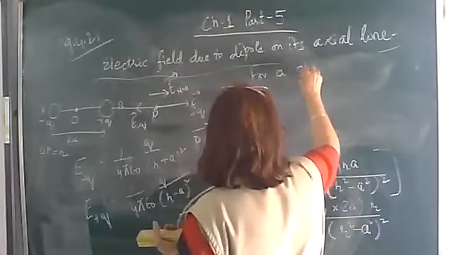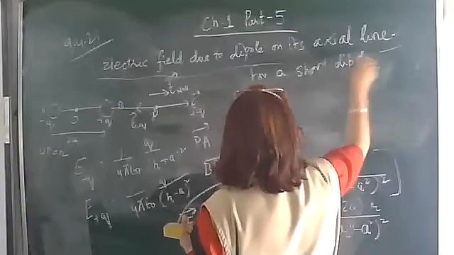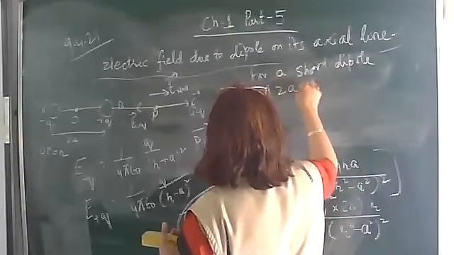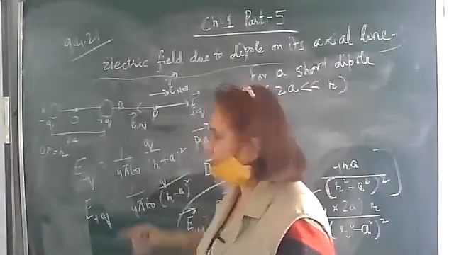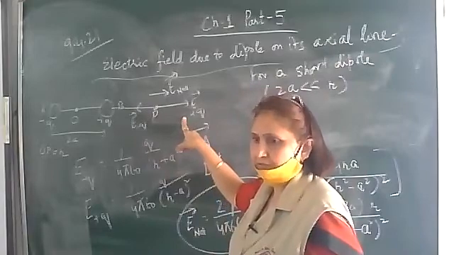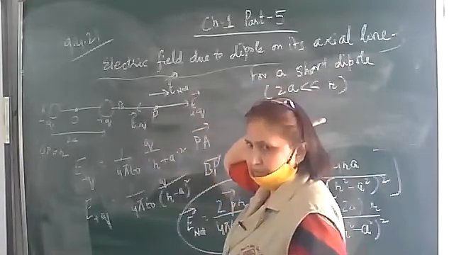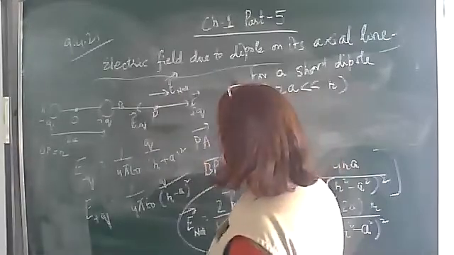For a short dipole, 2a, the dipole length, is much less than r distance. What is r distance? The distance of the point where we are finding out from the center. That point is very, very far away. Or you may say the dipole length is very small.